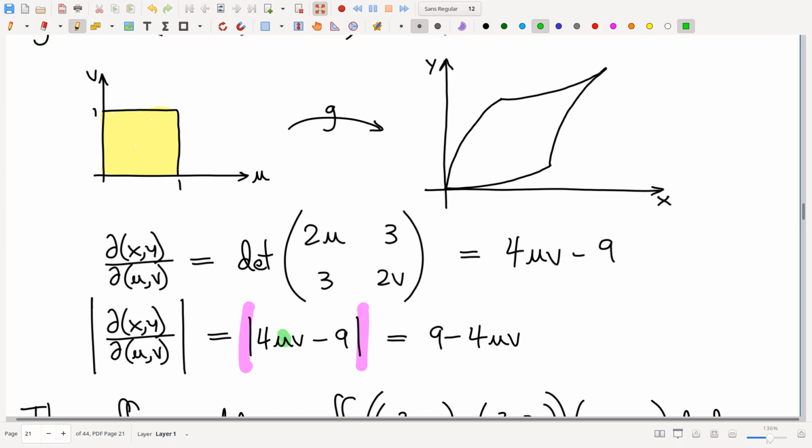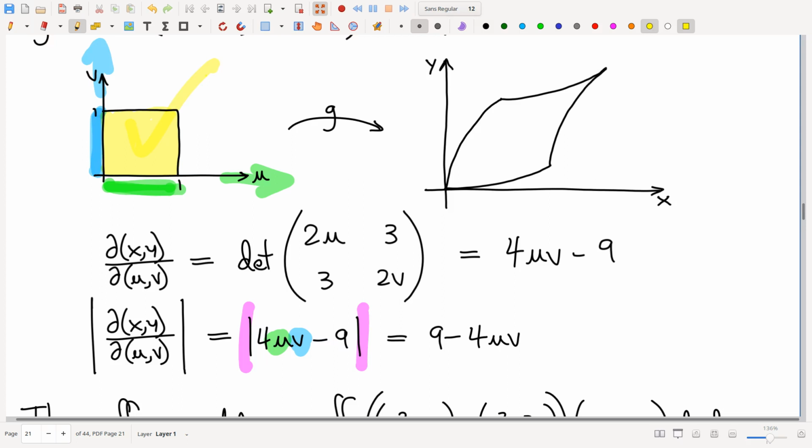And check it out, u is always between 0 and 1. Right there in the picture. And then likewise, v, well, there's my v-axis. On my domain that I actually care about, v is always between 0 and 1.